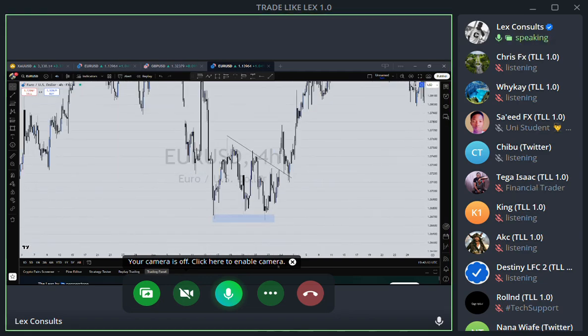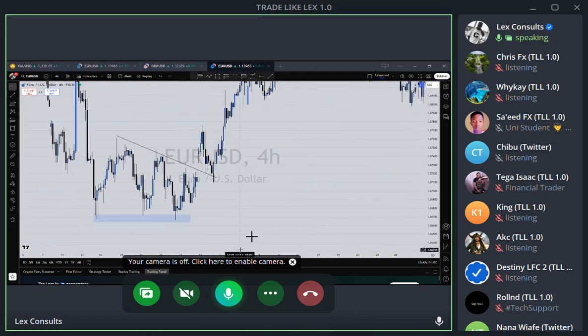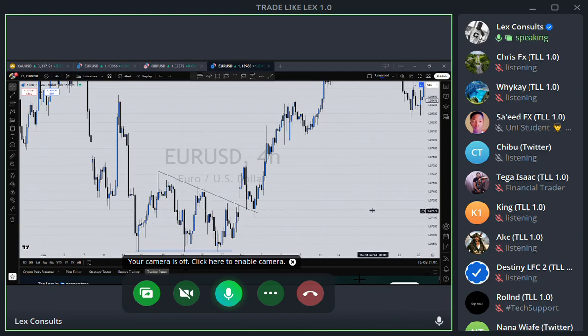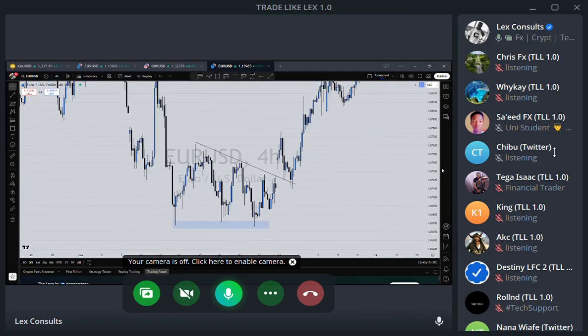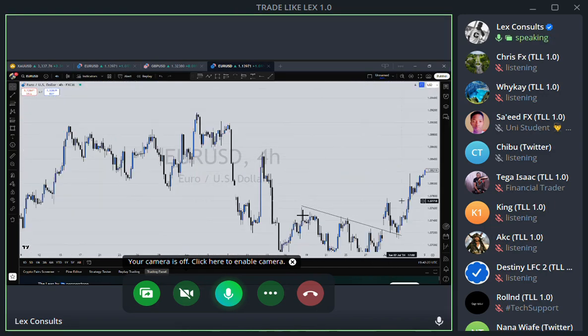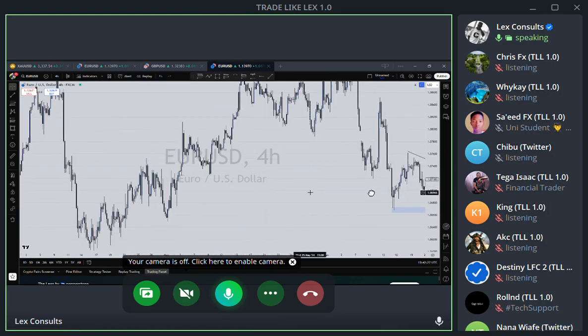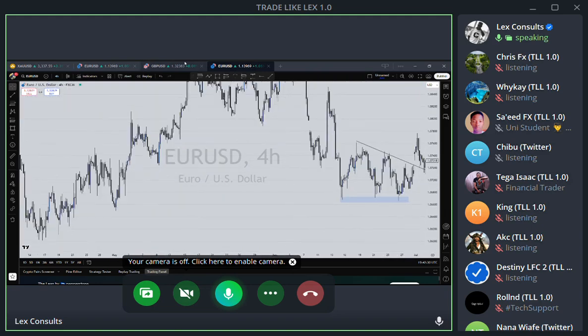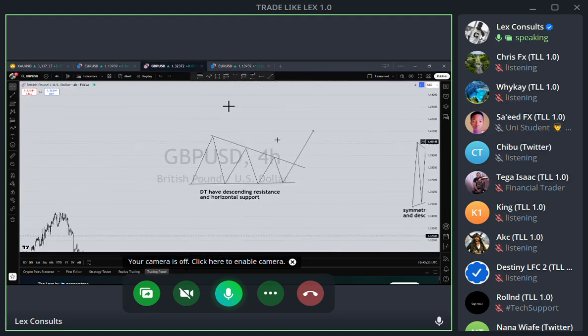Like I told you, it is neither a reversal nor a continuation. Anywhere it breaks to, take your trade there. Alright, so that's our descending triangle. Let's move on, please.